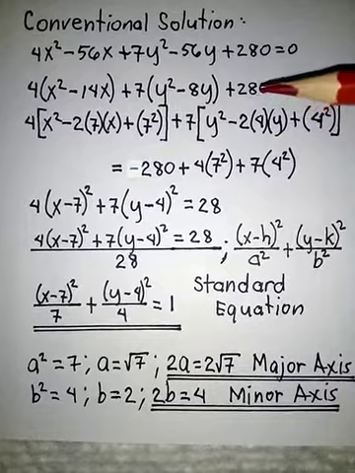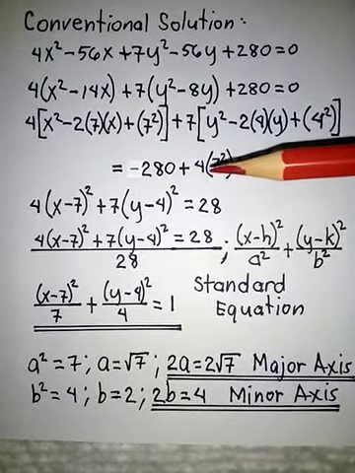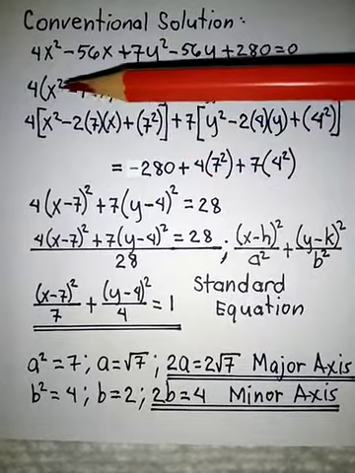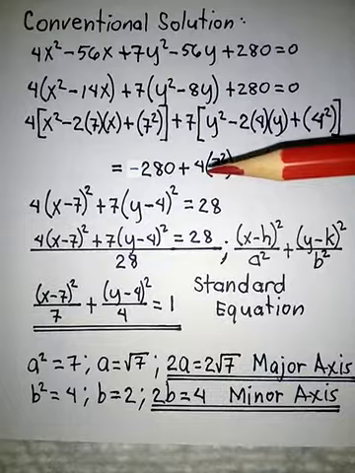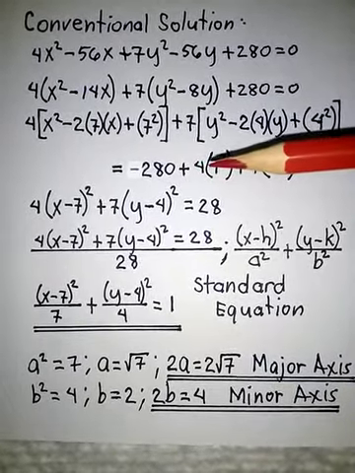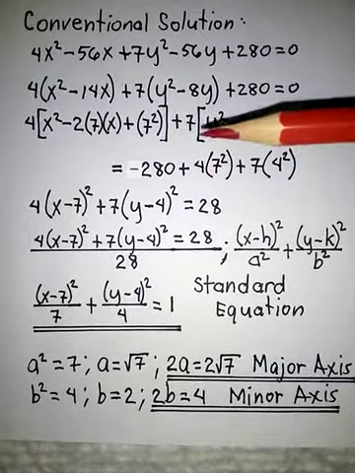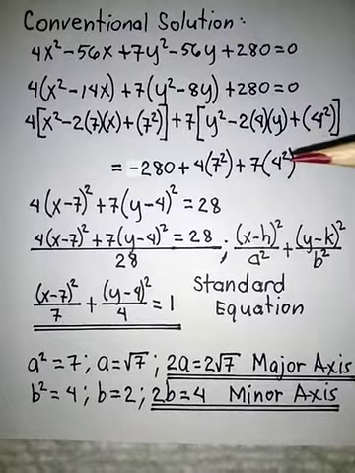So is equal to, transposing 280 is negative 280 plus, so we have here, we added 4 multiplied by 7 squared. So we also must add 4 times 7 squared here in the right side to balance the equation. So the same here, we have to add 7 times 4 squared here.